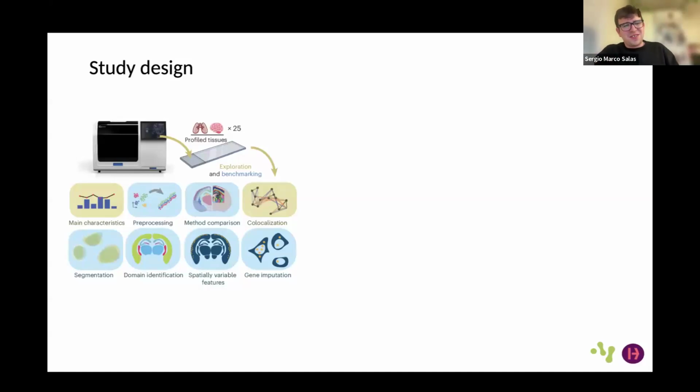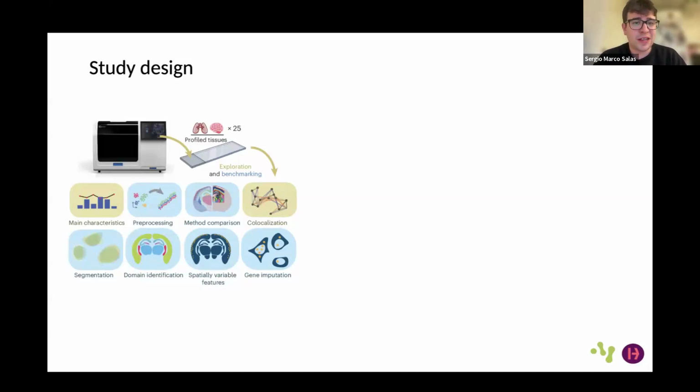At that time, it was, of course, the largest, but now we have generated way more data sets, and now it's sort of small. But it contains 25 different tissues. Those are tissue slides that were coming from different organisms, mainly mouse and human, and also coming from different tissues and disease states.